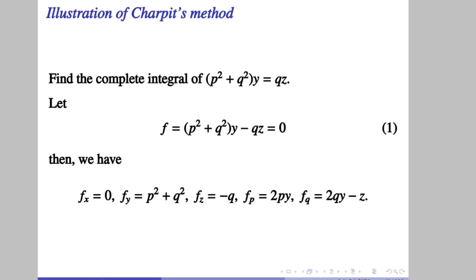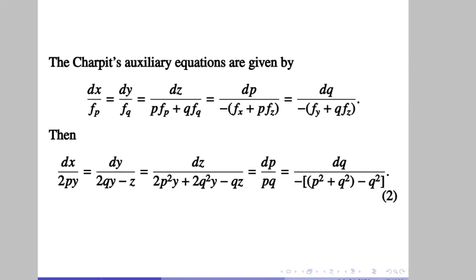Finding the complete integral of p square plus q square into y is equal to qz. Let f is equal to p square plus q square y minus qz is equal to 0. Then we have fx equal to 0, fy is equal to this, fz is equal to minus q, fp is equal to 2py, fq is equal to this, and we are substituting these values in Charpit's auxiliary equation.